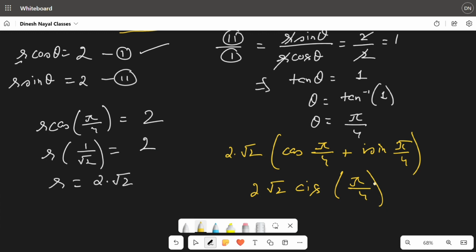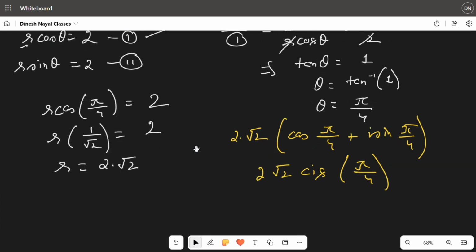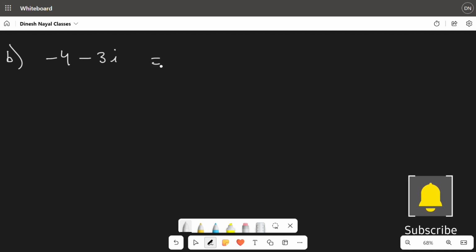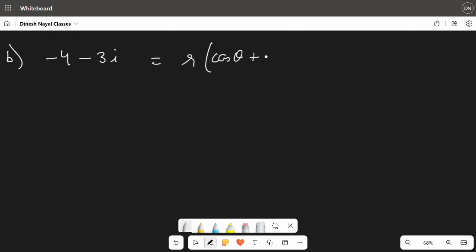Now the other complex number that they have given you is minus 4 minus 3i. Again we'll do the same thing, comparing. We know that in polar form we write this as r cos theta plus i sin theta.